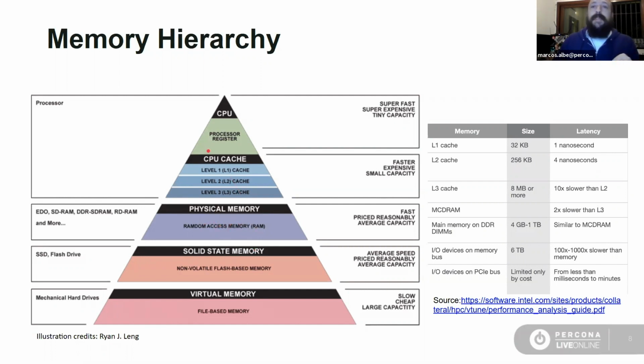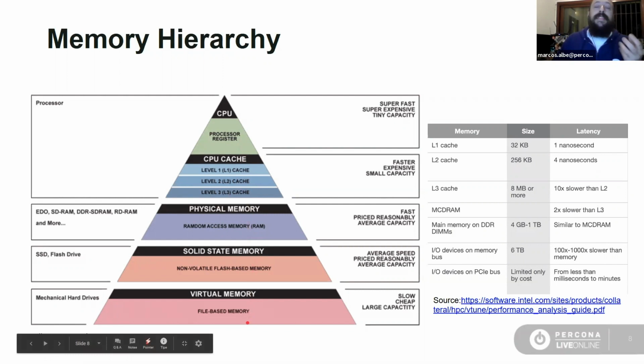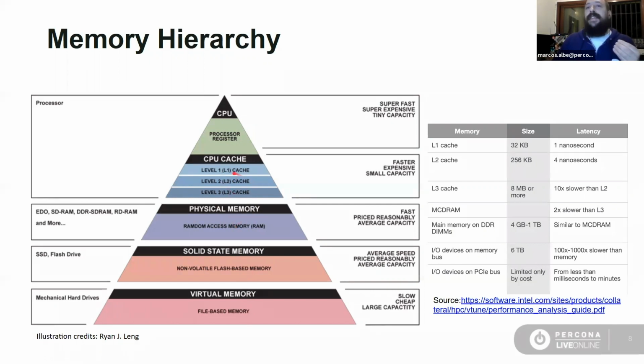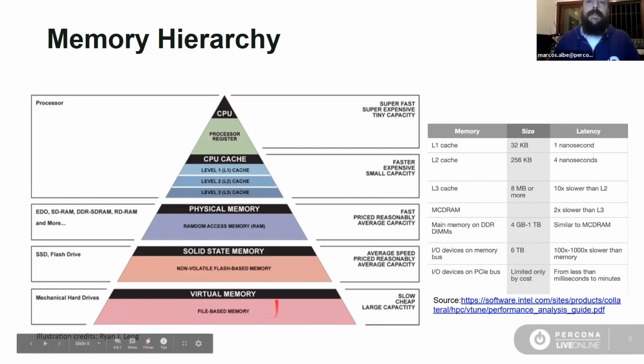And then we have the ultra expensive level 1, level 2, level 3 cache in the CPU itself, and then the processor registers. This is how we have coped with the memory performance gap. By adding this cache, we have helped the CPU to keep up. So this is the basic idea you have to have when using memory: you really want to stay here or here and try to avoid going here as much as you can.